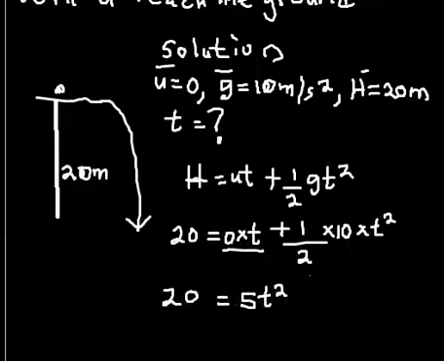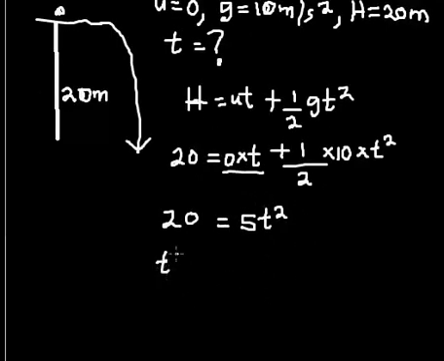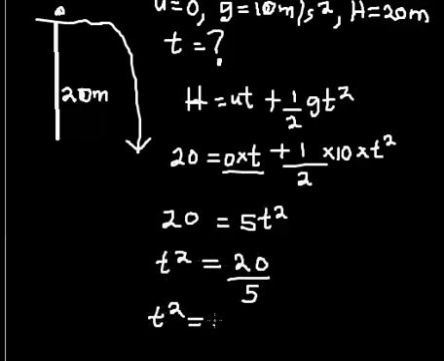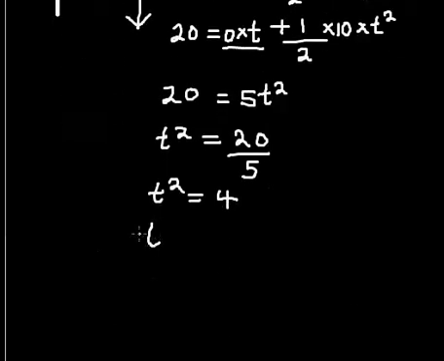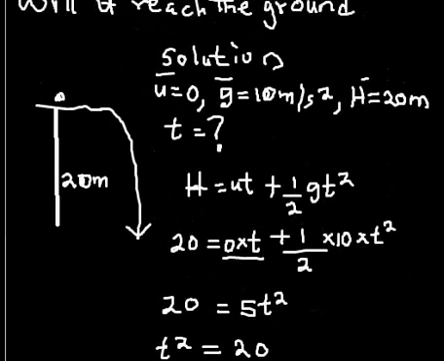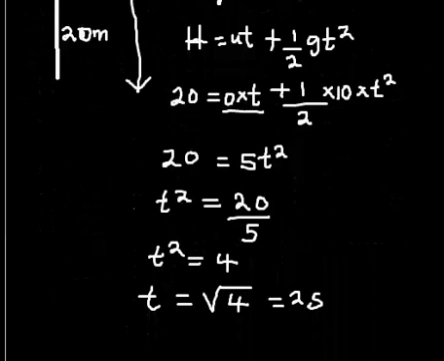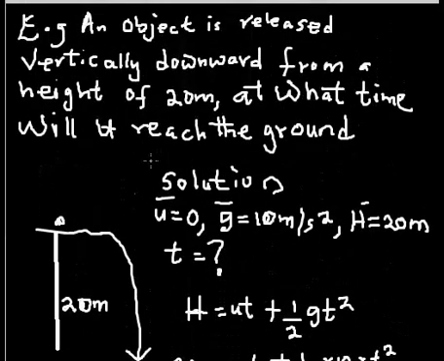With what I have, t squared is going to be equal to 20 divided by 5, so t squared is equal to 4. Then for me to get t, t becomes the square root of 4, so 2 seconds. I hope that is well understood. So please take note of how to use the equations of motion under gravity.